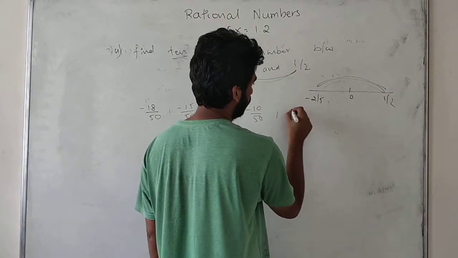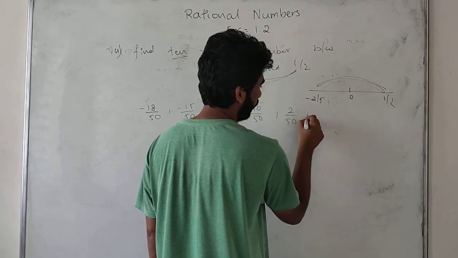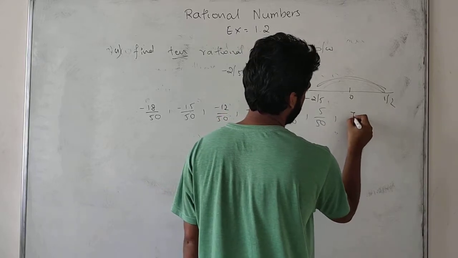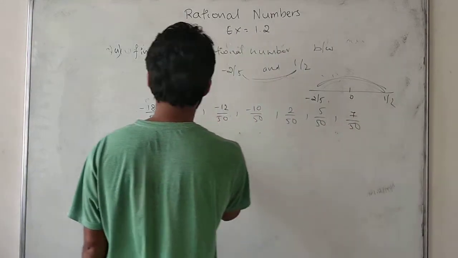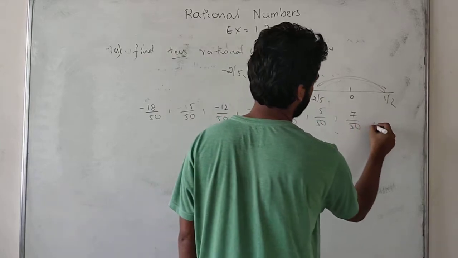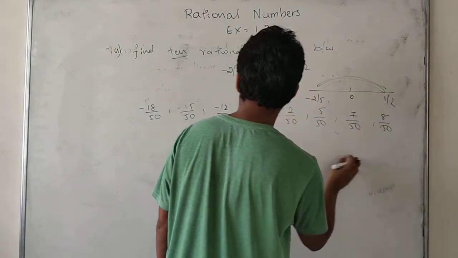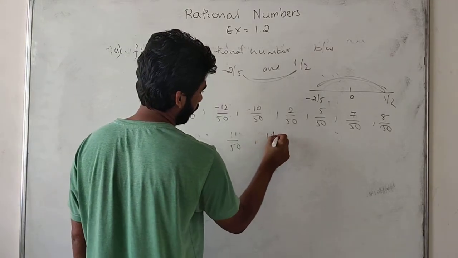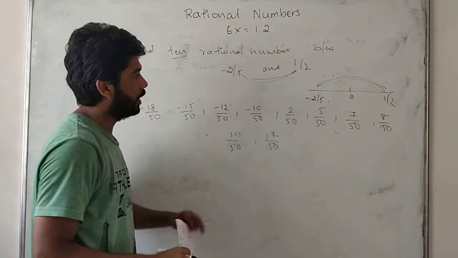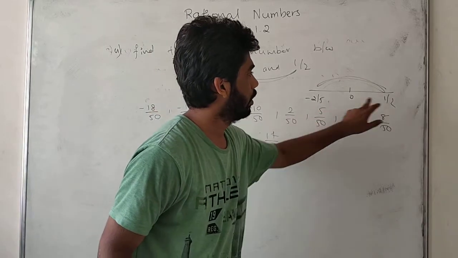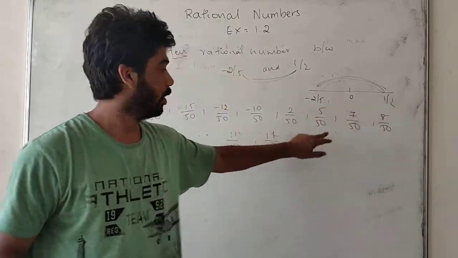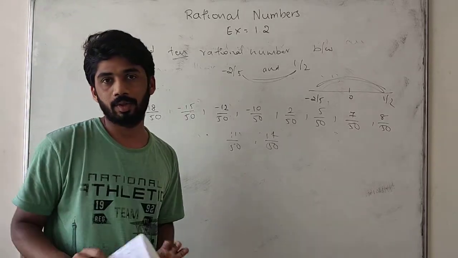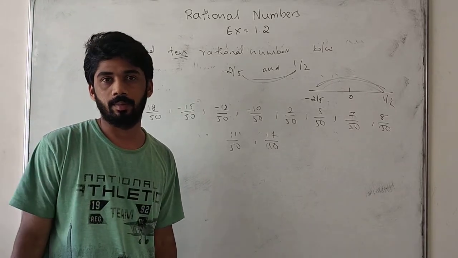If we take positive, then 2 by 50, 5 by 50, 7 by 50, 8 by 50, 11 by 50, 17 by 50, any numbers. These numbers are in between minus 2 by 5 and 1 by 2. So in this way we have to write the numbers. We can take any number, there is no rule that you must take the numbers I wrote. You can take any number. Okay.